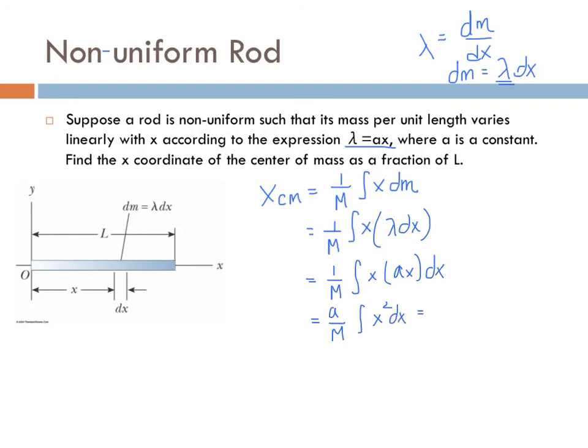So the integral of x squared is x cubed over 3, and we're evaluating this from 0 to L. Cleaning all of that up, we get L cubed over 3. And it's actually a little bit better to put our numbers in front of our variables.